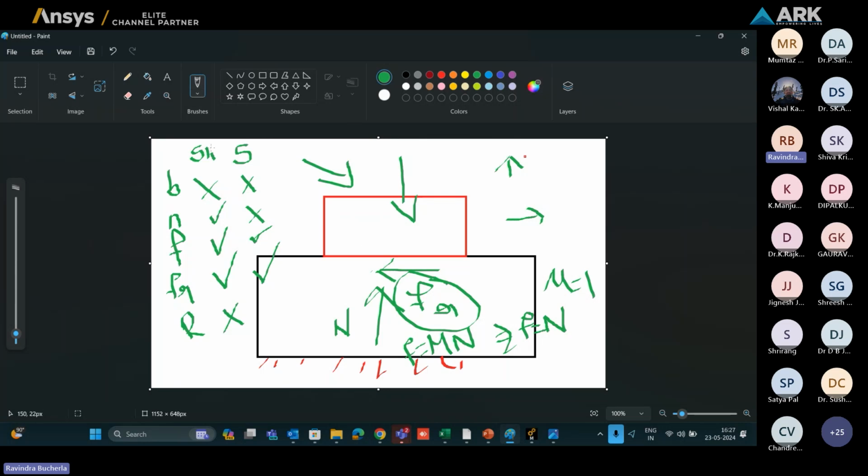That is why there will not be any sliding, but separation will be there. You can take off this body, but it will not slide.